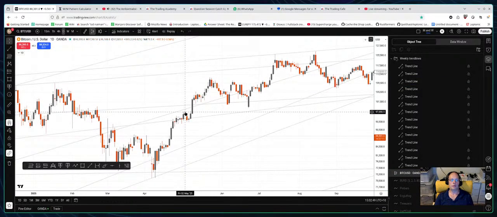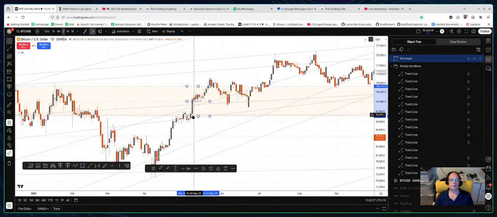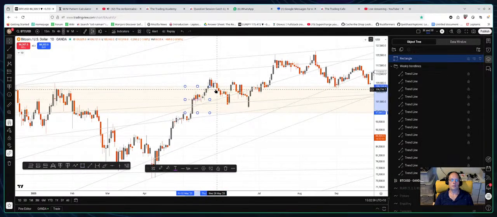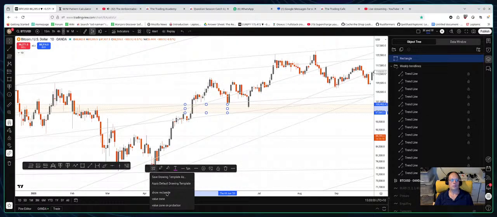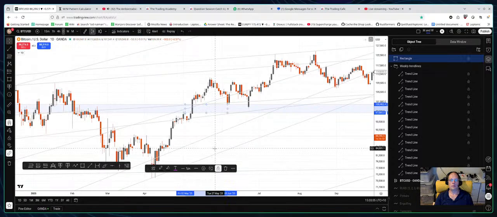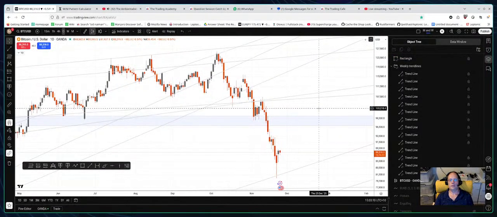I might try this one. 3.4%, we can handle that. So there's a value zone. It should be there to there. Lock. And there's today, so it might come back up to there.